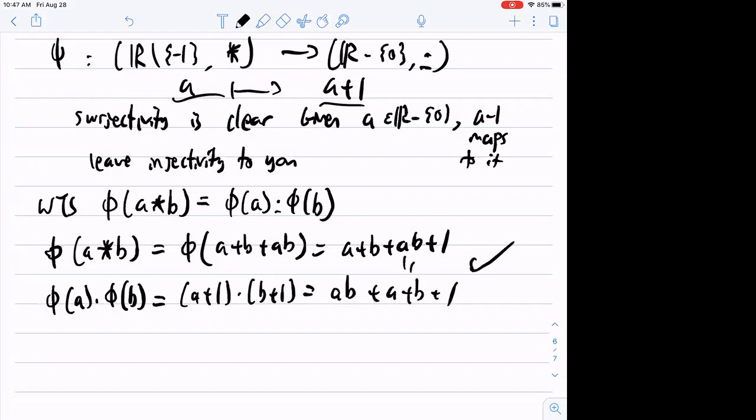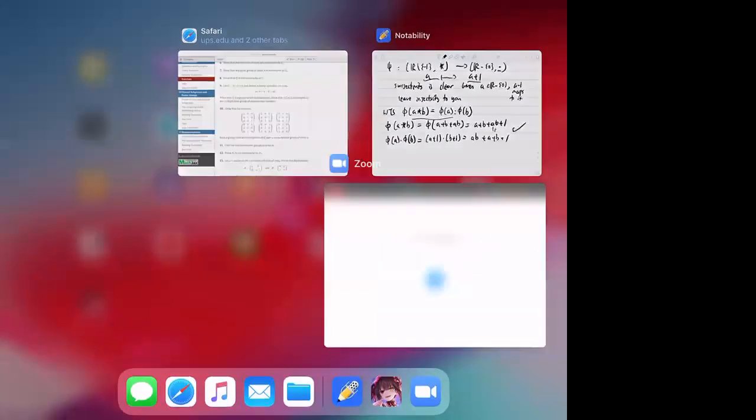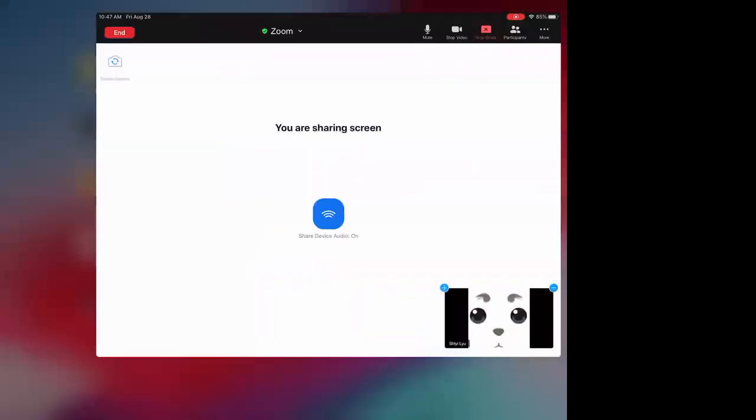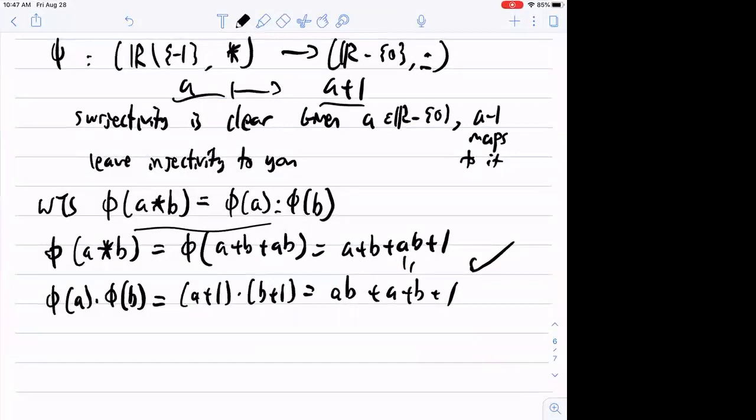So it's an isomorphism. I hope by the end of today you all understand how to prove something's isomorphic, especially this property.